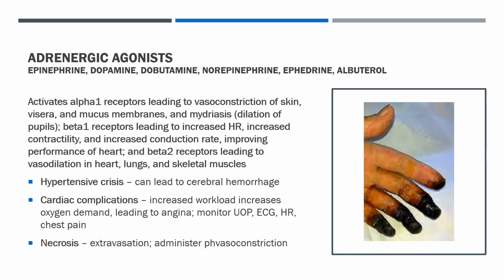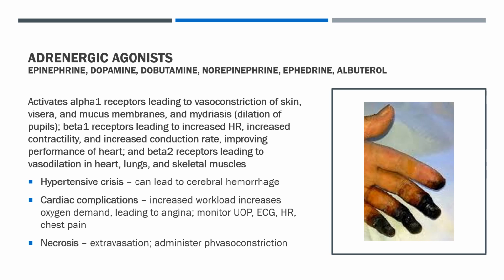Adrenergic agonists, such as epinephrine, dopamine, dobutamine, norepinephrine, remember norepi, ephedrine, and albuterol. These are going to activate alpha-1 receptors, leading to vasoconstriction of the skin, viscera, and mucous membranes, and mydriasis, which is dilation of the pupils.